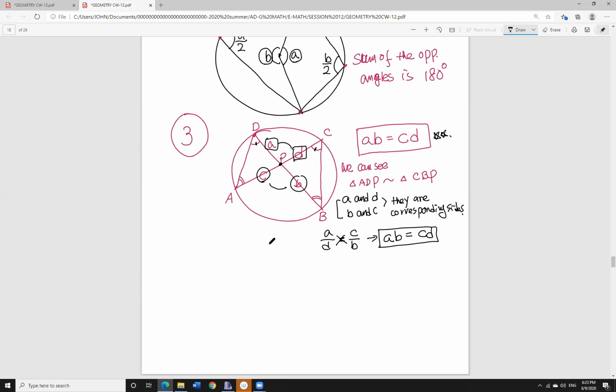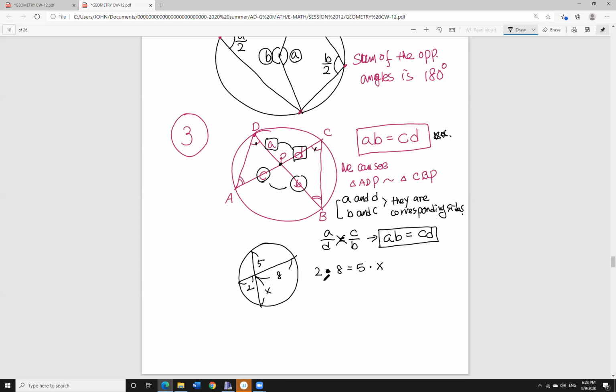Okay? For example, if we have two intersecting chords, this is 2, this one is 8, and this one is 5. What is this side? Oh, we know the formula, okay? 2 times 8 equals 5 times x.